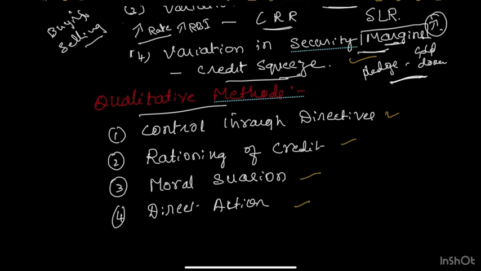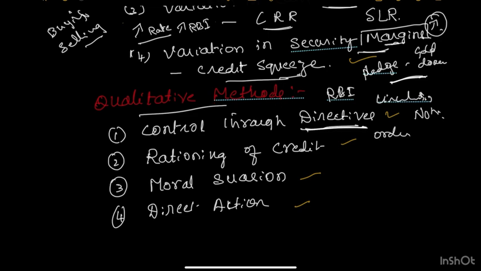And we have qualitative methods. In the qualitative methods, it's only directions or suggestions, advices, some orders that will be given by the RBI. RBI will give certain circulars, orders and notices to the banks to follow certain instructions. So that's what we call directives.